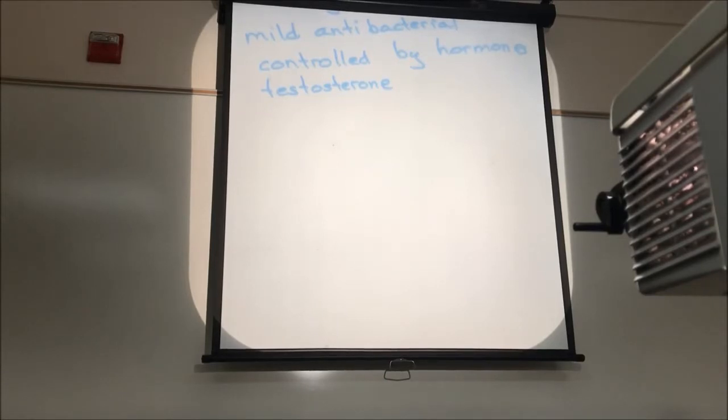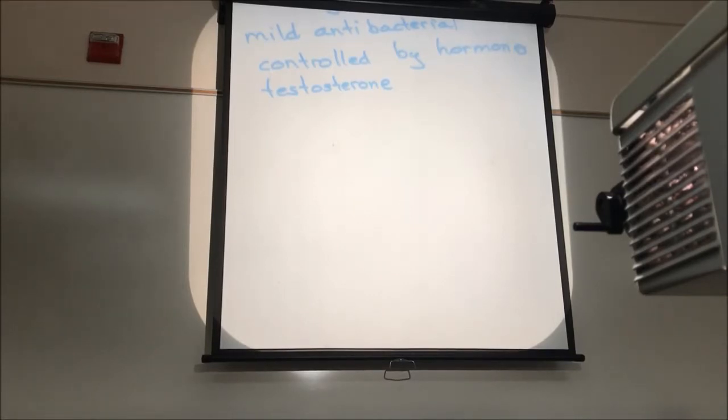During childhood, before puberty, these glands are not very active. They have a very low level of activity. But their production of sebum will increase dramatically when the person goes through puberty.